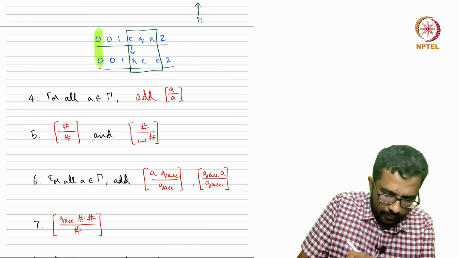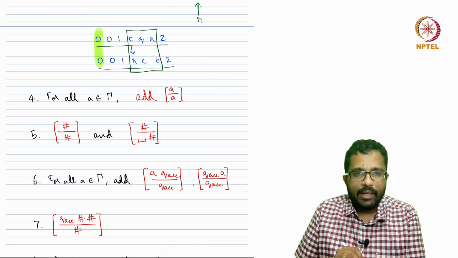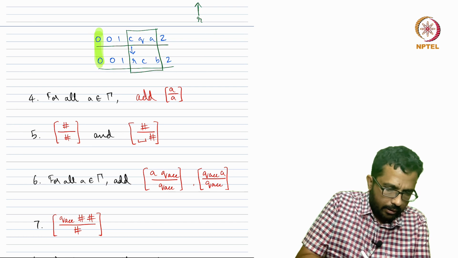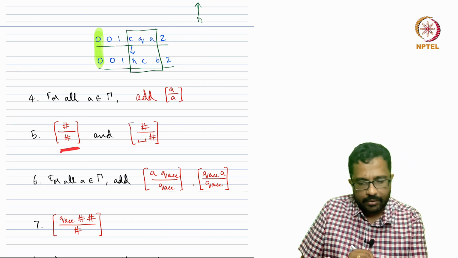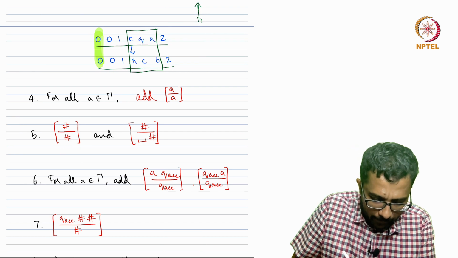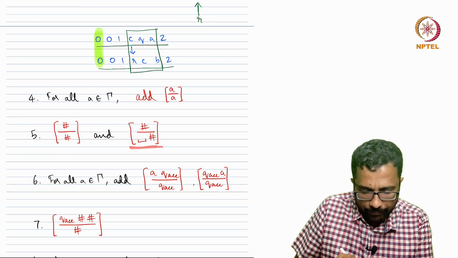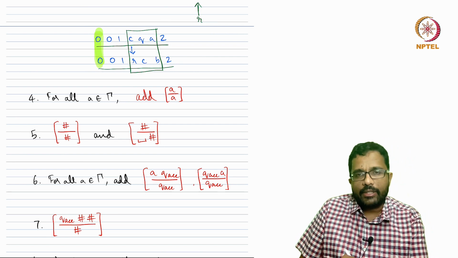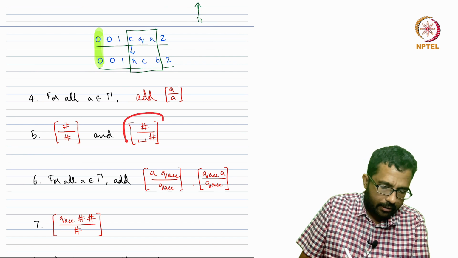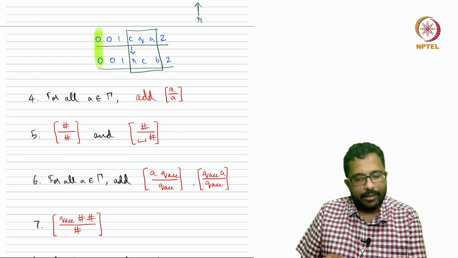Then the next set of dominoes has hash on the top and blank hash on the bottom. This is for situations where the head moves to the right.